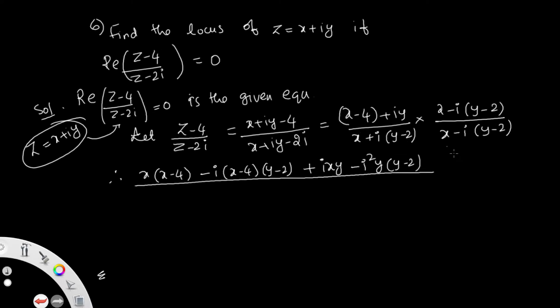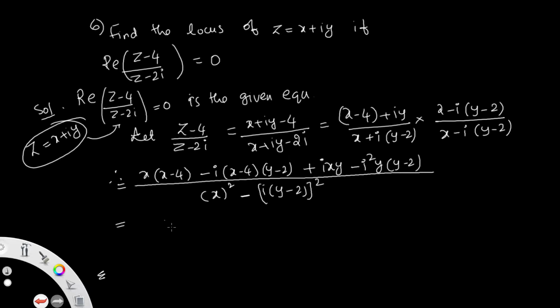That means x square minus (i into (y minus 2)) whole square, which is a square minus b square.